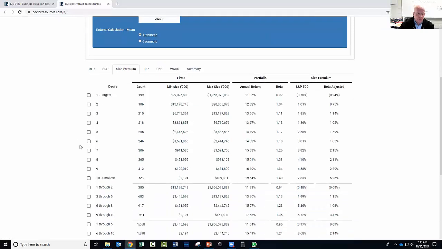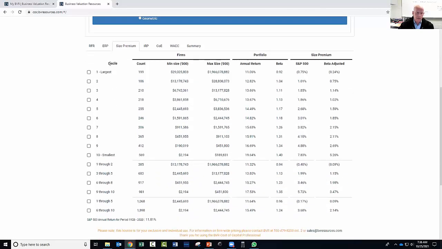Well, you can see here that it gives us some deciles. So everything from the largest decile in the market down to the smallest, and then it'll give us some combinations of deciles, the first and second, third and fifth, sixth through eighth, etc., or first through fifth, or sixth through 10th.